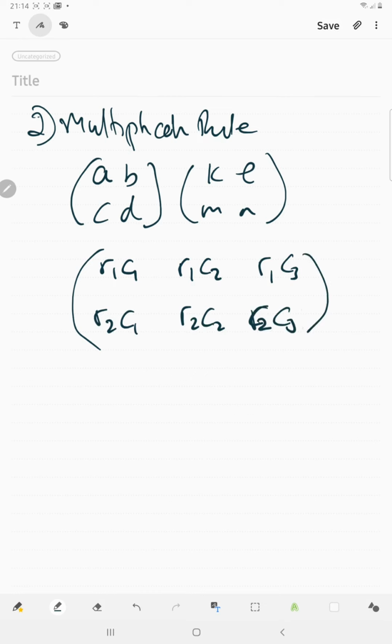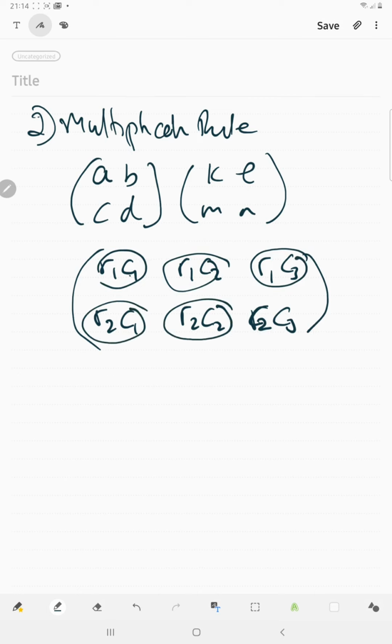So this space is R1C1, R1C2, R1C3, R2C1, R2C2, R2C3. I want you to understand it in that way.